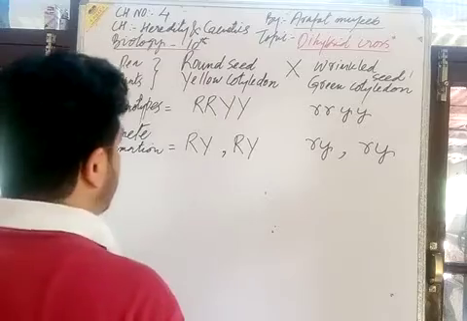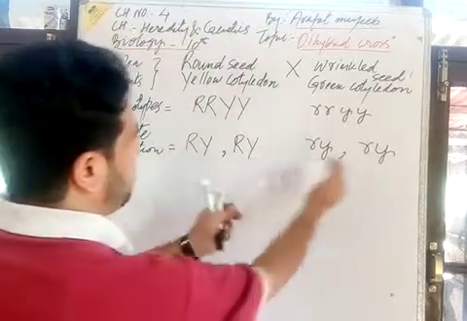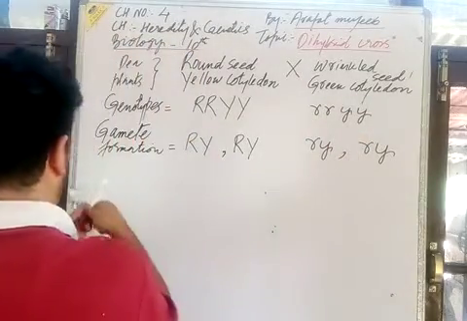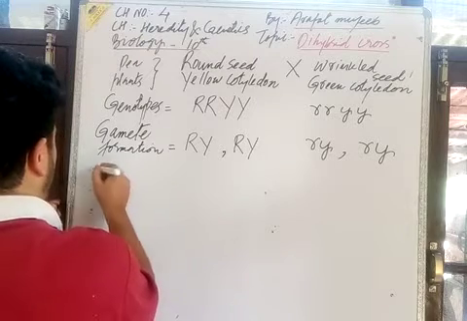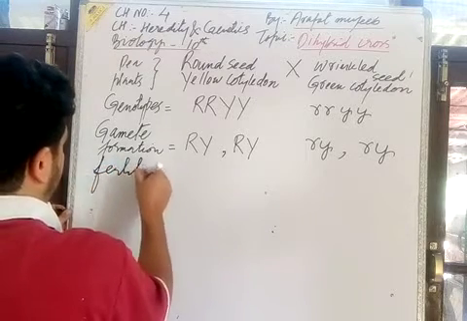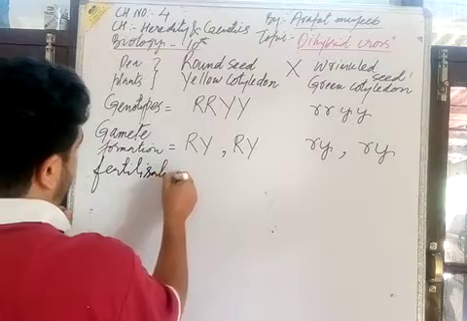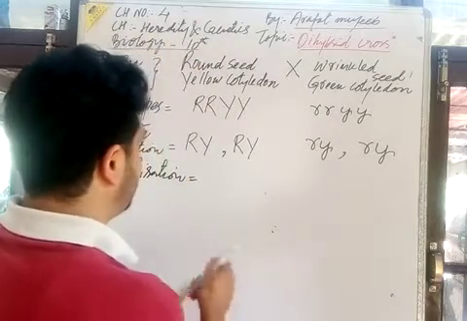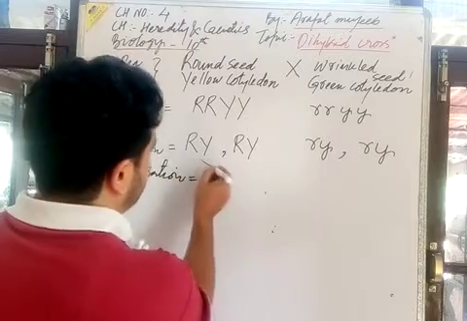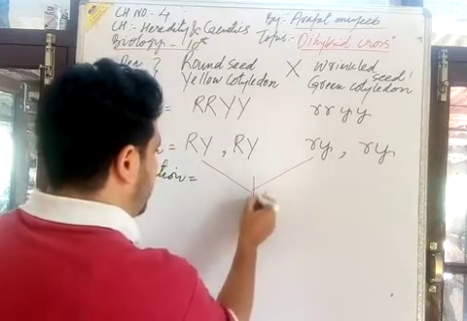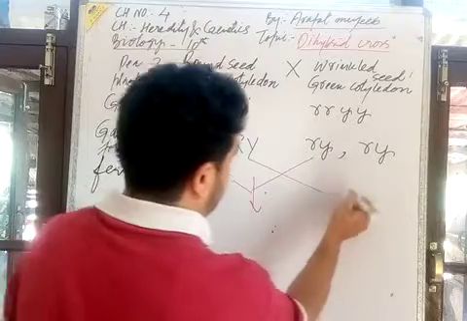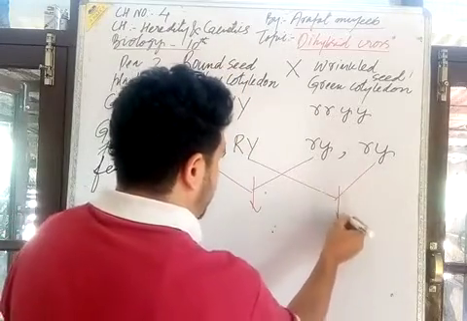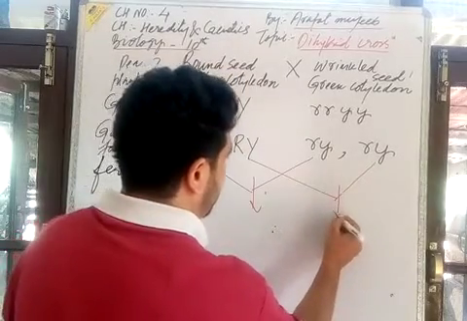See here, after the gamete formation there is the fertilization process. Fertilization. Here is the fertilization. Now what is in the fertilization? You see that here this and this will recombine, and here this and this will recombine. What happened here?